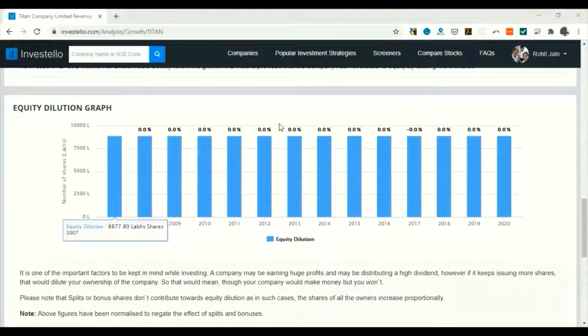So if the company has actually split the shares or has issued bonuses, this has been adjusted for that so that we get the actual dilution, not the dilution which is not impacting the normal shareholders, just the dilution which is actually impacting. So Titan has not issued even a single share in past 13 years which has not been distributed to all the shareholders. This is also a good thing. This is a good indicator.